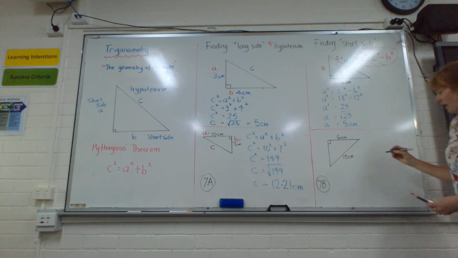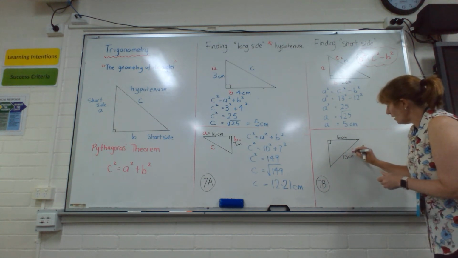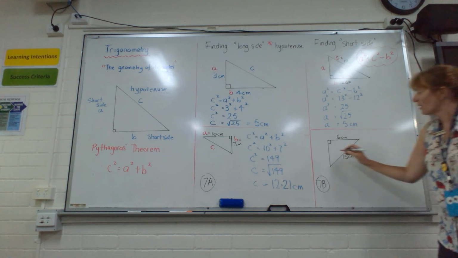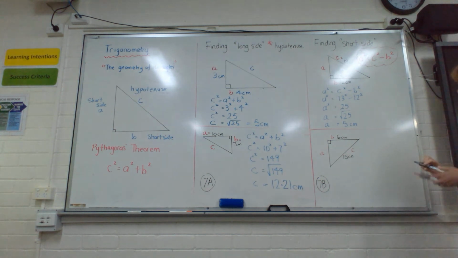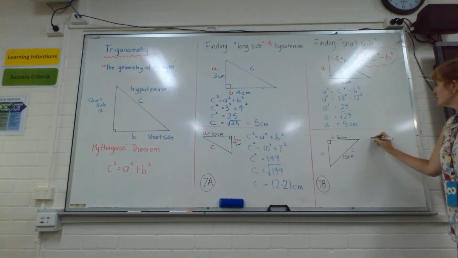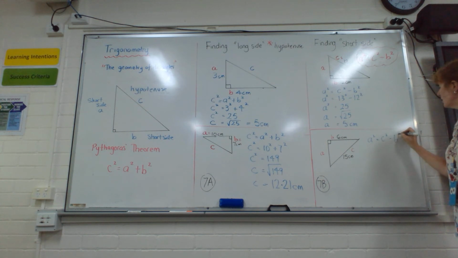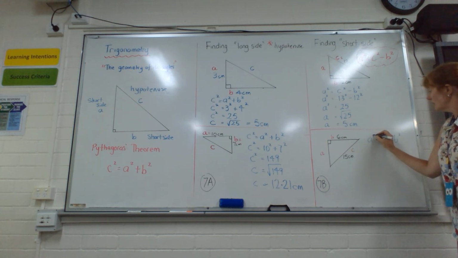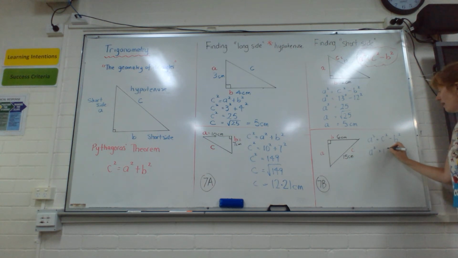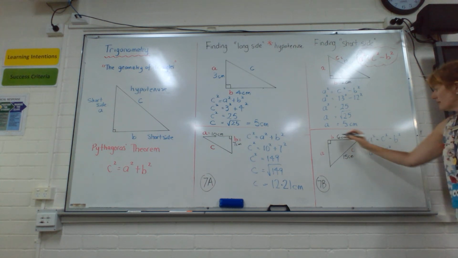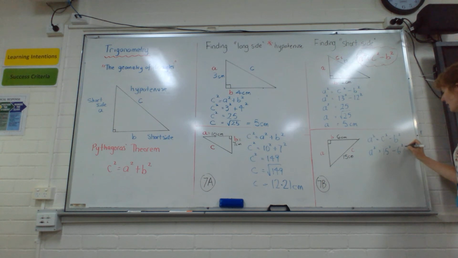I'm going to start by labelling this C, my longer side. A is the side I don't know yet, but I want to know, and there's my B. So my formula is A squared equals C squared minus B squared. A squared equals, C is 15, minus B, which is 6.